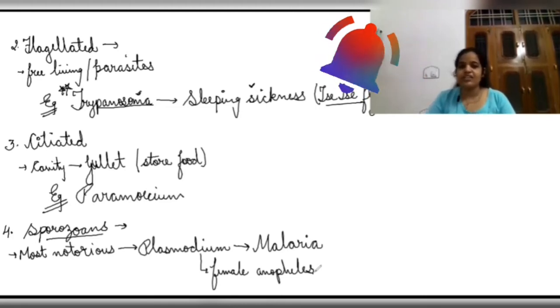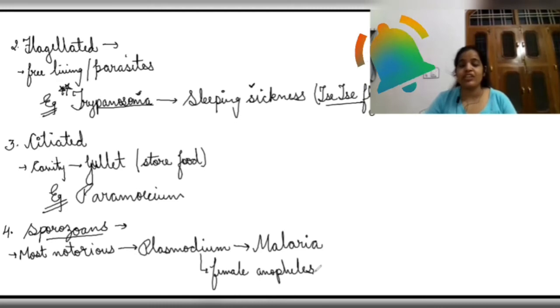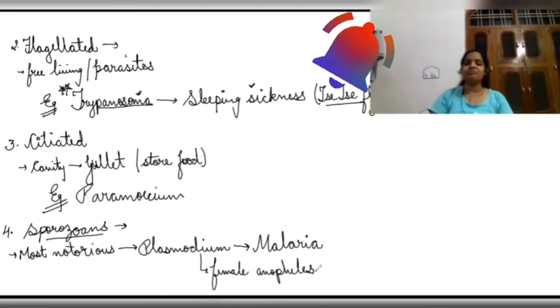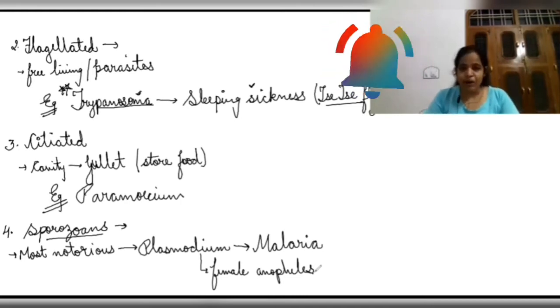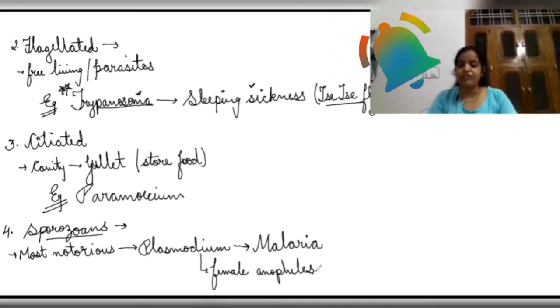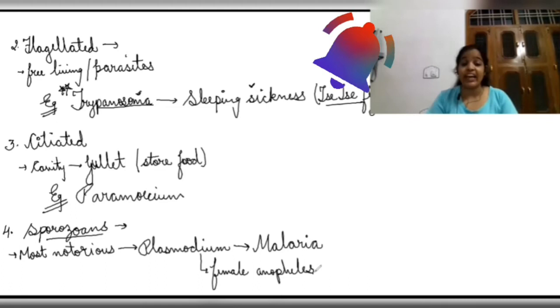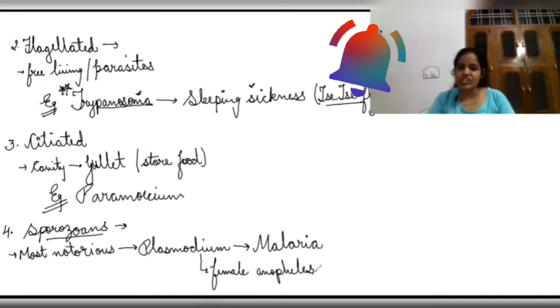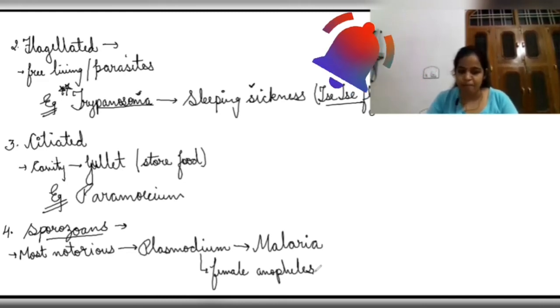So guys, keep yourself safe from the female Anopheles specifically. In detail about this Plasmodium, malaria, female Anopheles and the complete life cycle of Plasmodium, you'll be studying in your 12th standard, in the disease chapter. So we'll just end up here with the example.